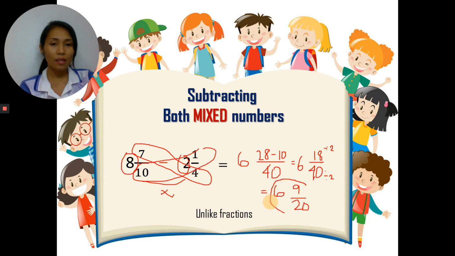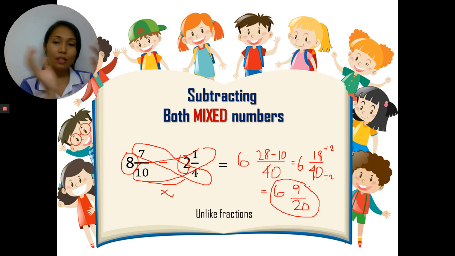Okay, so that is our final answer. Easy, right? Just separately subtract the whole numbers and then proceed with the fractions. If you cannot cross multiply the fractions, then convert to improper fraction.